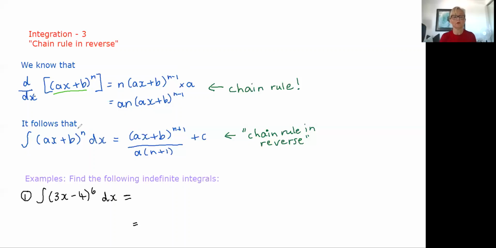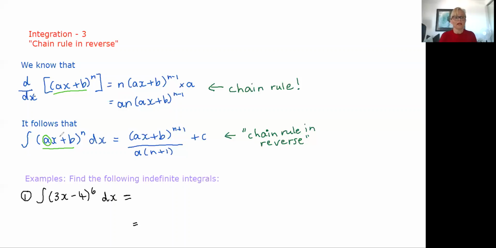Now, if we're going in reverse, which is what integration is, if we have a linear function as our inner function, we know that the derivative of that is just a constant. We're allowed to multiply or divide by constants when we're integrating or differentiating without having to worry about any sorts of special rules. It's just a constant number that comes along for the ride, you could think of it.